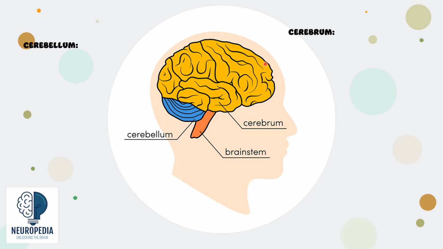Let's talk about the cerebrum. The largest part of the brain is the cerebrum, and it is also known as the telencephalon or end brain. The cerebrum originated from the prosencephalon at the embryonic level. Inside the bony cranium, the cerebrum is located. The cerebrum extends from the anterior frontal bone to the posterior occipital bone.